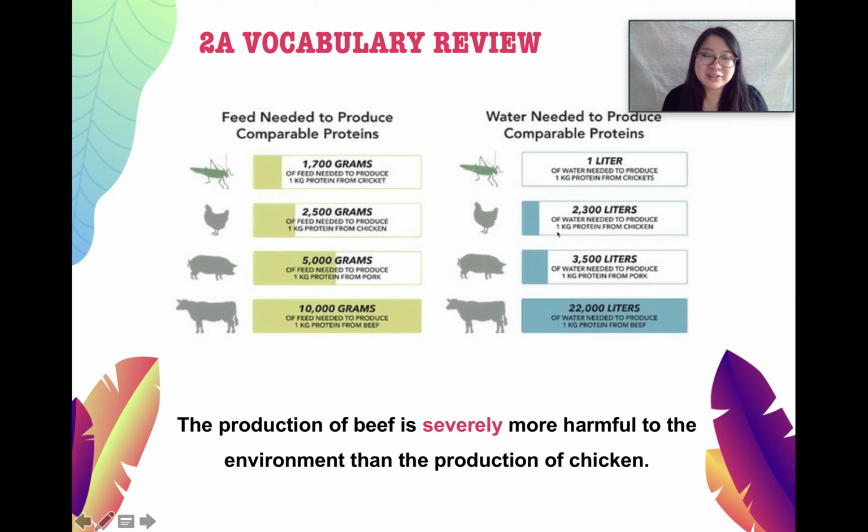But 1 kilogram of chicken only needs 2,300 liters of water. That's a big difference. So if it's severely more harmful, it is significantly. It's so much that we can't ignore how important it is.